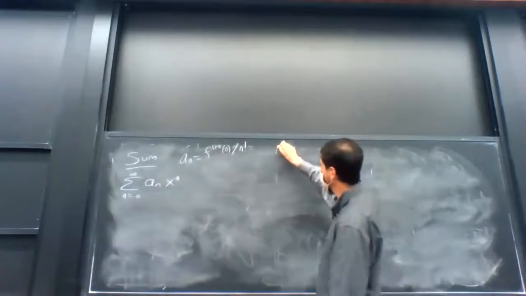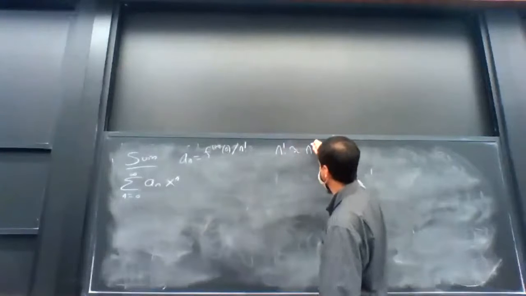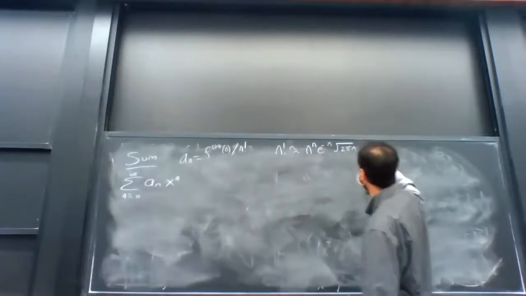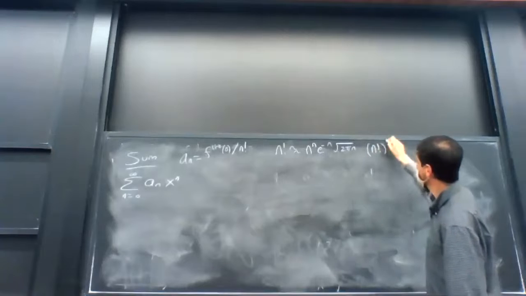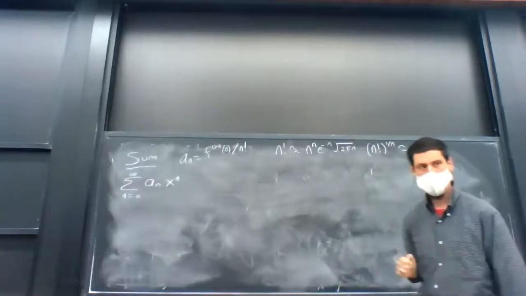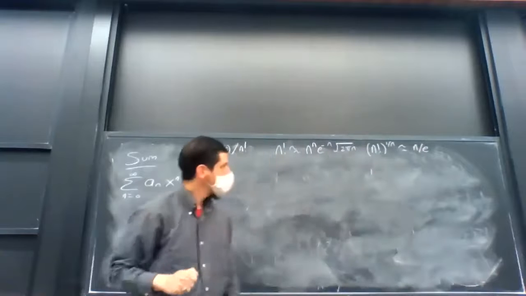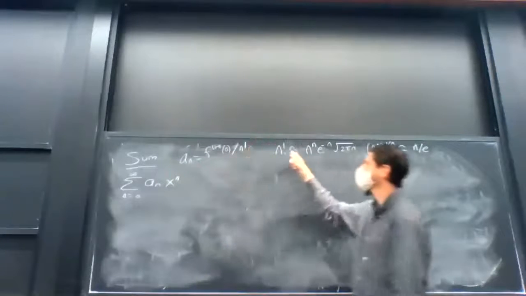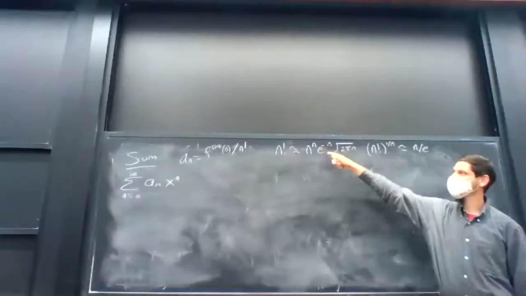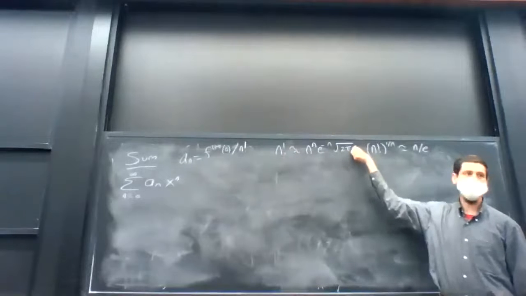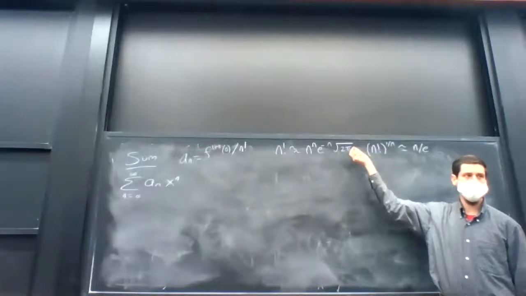Now we know that n factorial is approximately n^n e^(-n) square root of 2 pi n. So n factorial to the 1 over n is approximately n over e. This is because when I take the 1 over n power, n^n to the 1 over n is just n, e^(-n) to the 1 over n is just e^(-1), and n to the 1 over n converges to 1.